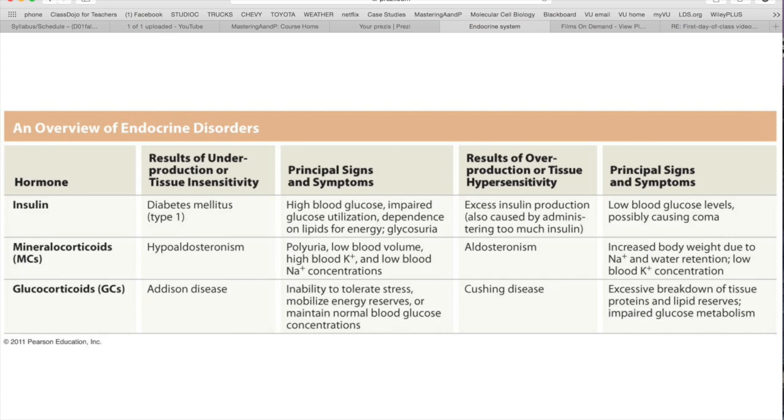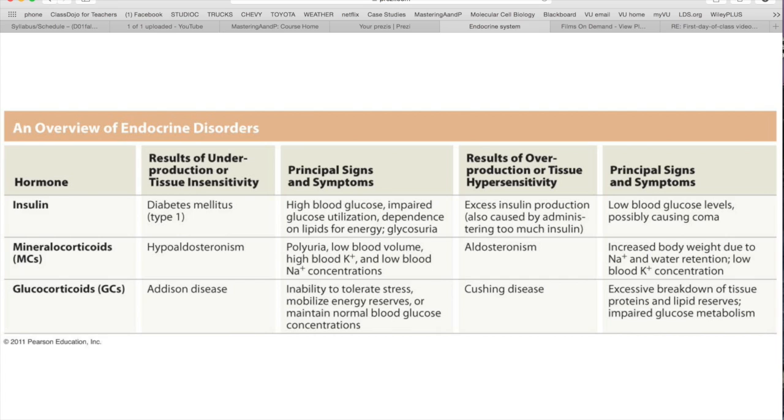Next we have the mineralocorticoids, known as hypoaldosteronism. If you don't make enough aldosterone, you'll have polyuria, which means you pee a lot because you're not absorbing sodium, so you're not absorbing as much water from the urine. This will lead to a low blood volume and high blood potassium and low blood sodium concentrations.